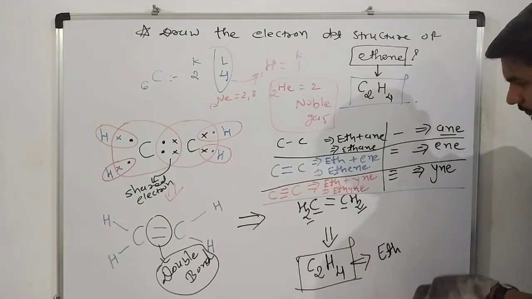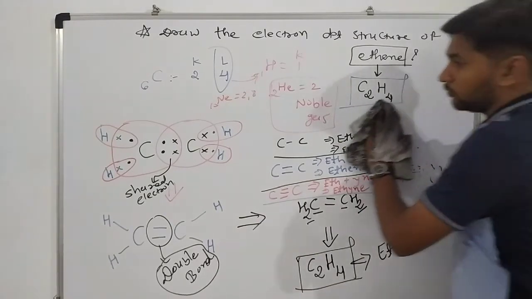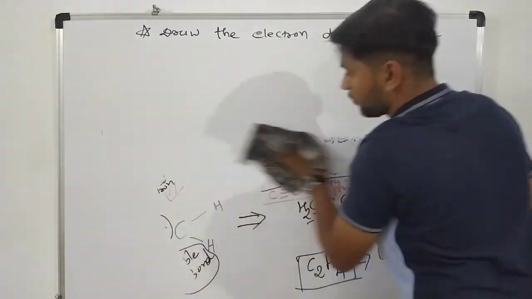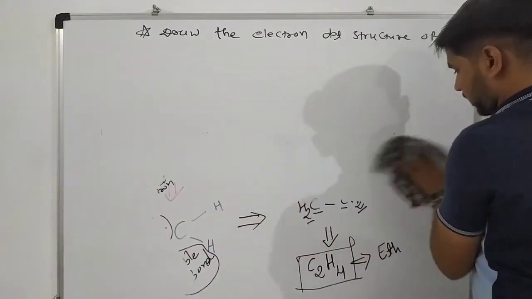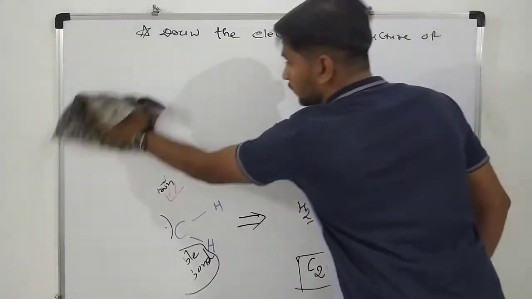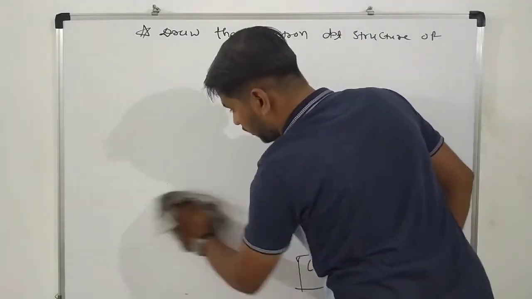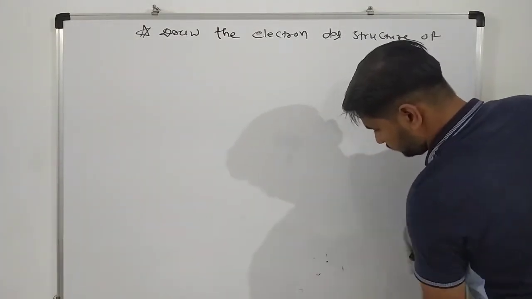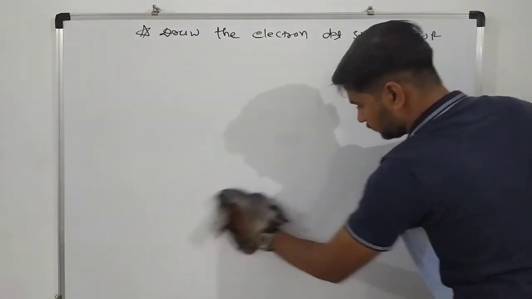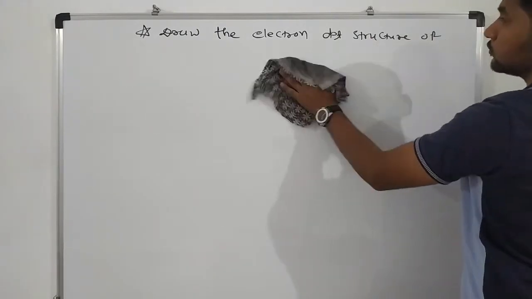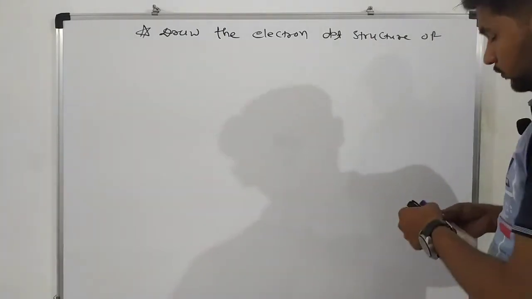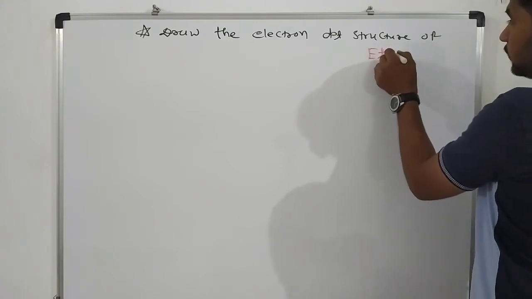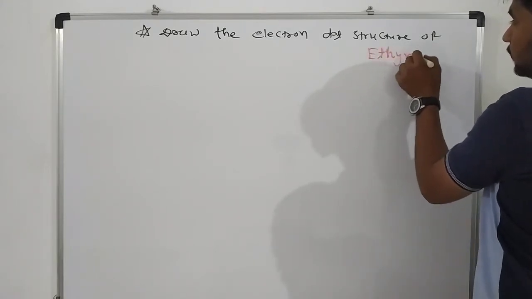Let's see. Draw the electron dot structure of ethyne.